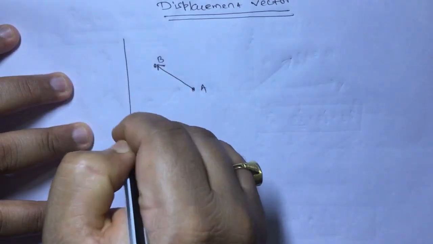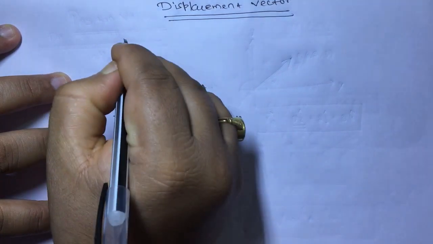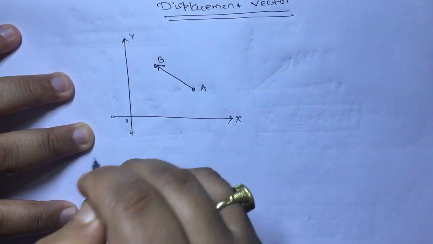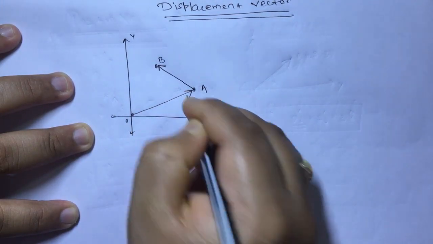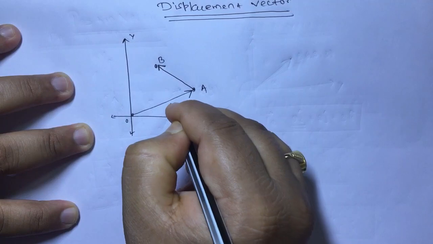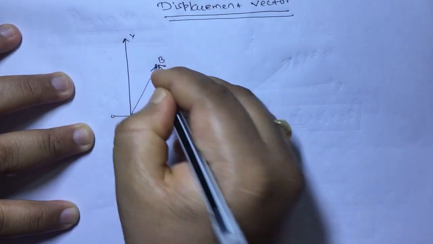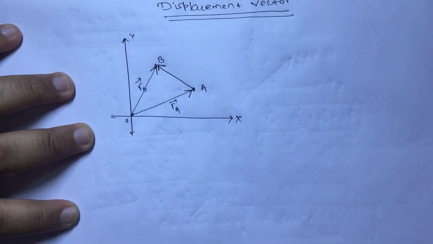So how to do it? Let us draw the coordinate system here. Initially, let us check it for a 2-dimensional vector. This is my origin, so let us draw 2 vectors here: one is the position vector RA, and the other is the position vector RB.